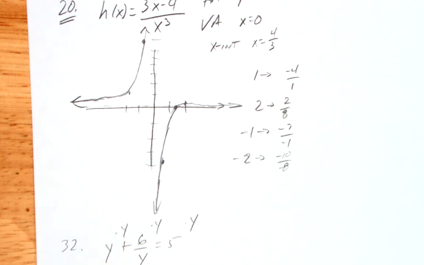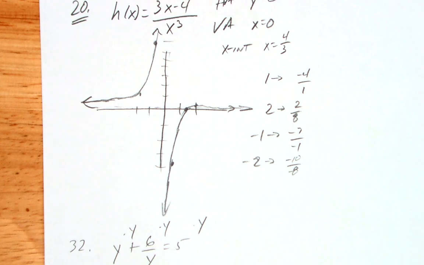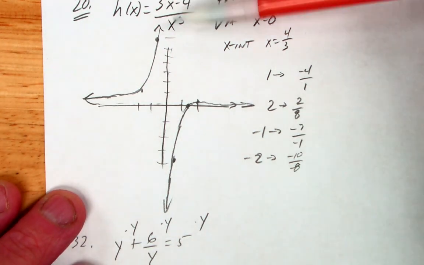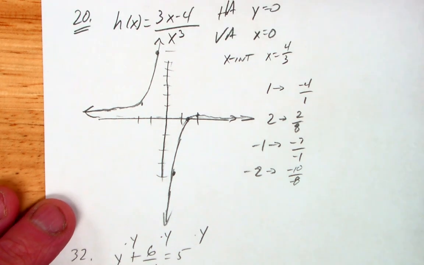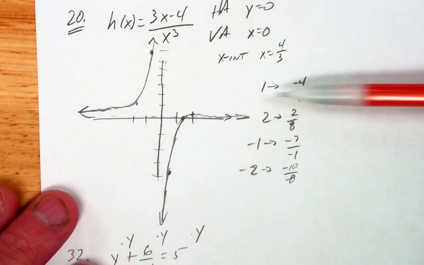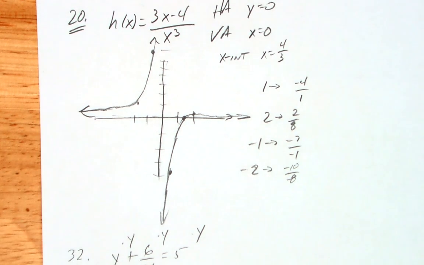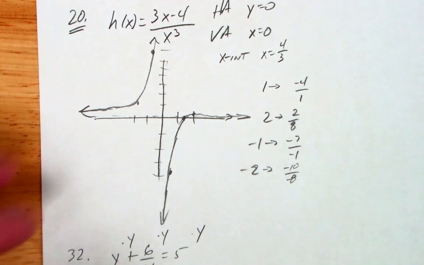Okay. So this is what 20 is looking like. On this one, you've got your horizontal asymptote to be 0 because x over x to the third, the bottom's going to win that battle every time, so it's going to be down to 0. The bottom of the fraction is getting huge, and the top can't keep up, so it's just getting closer to 0.